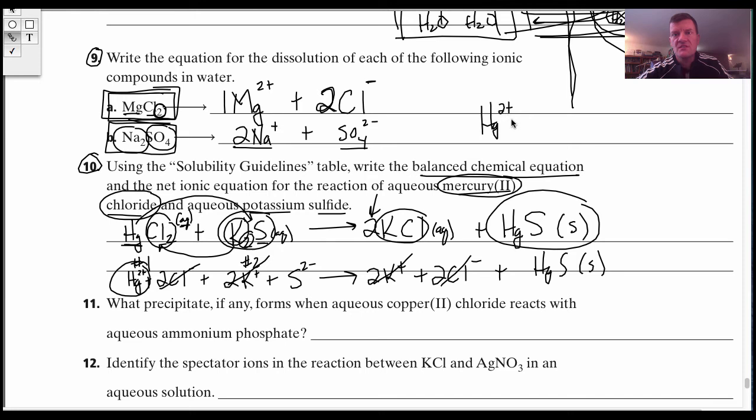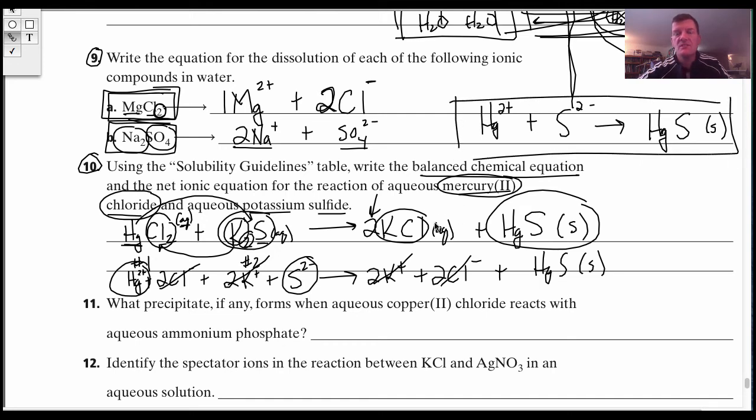Hg2+ and the sulfide 2-, these are from separate solutions originally, they came together when we mixed them to form what? The mercury 2 sulfide precipitate. Okay? There you go. This is your net. This is the net ionic equation.